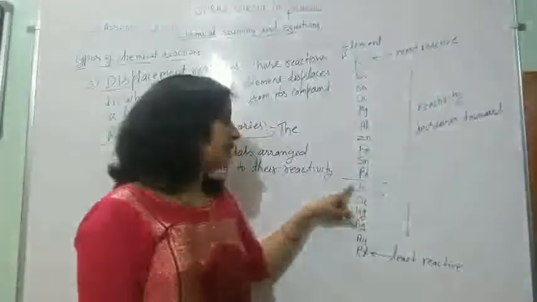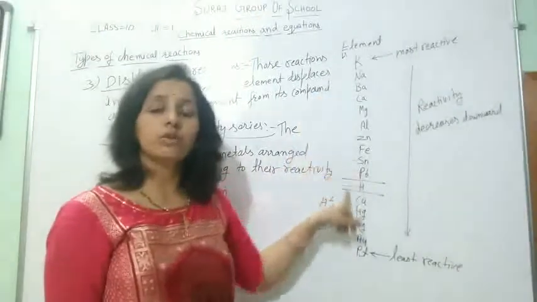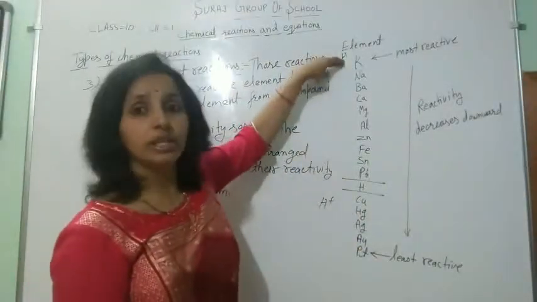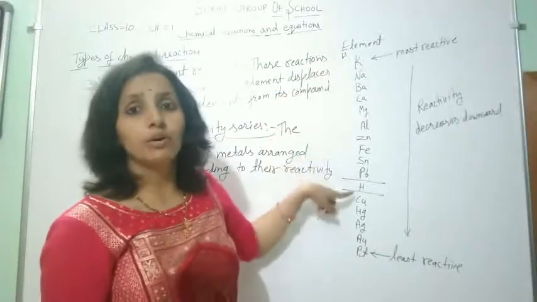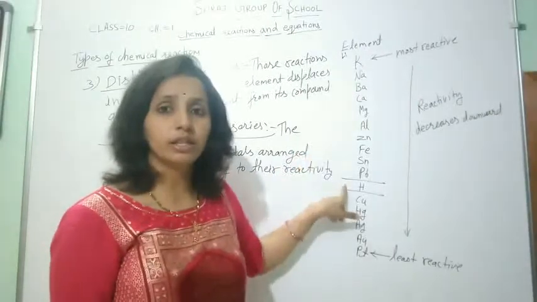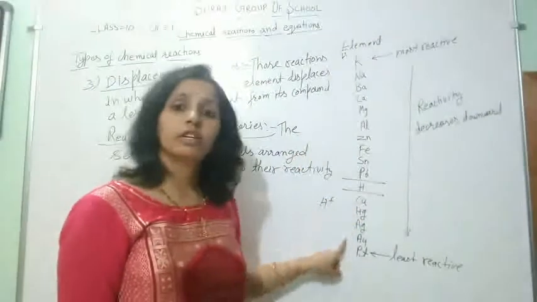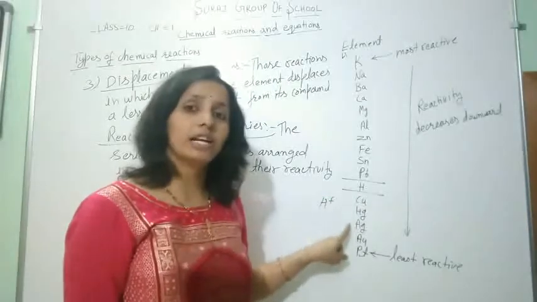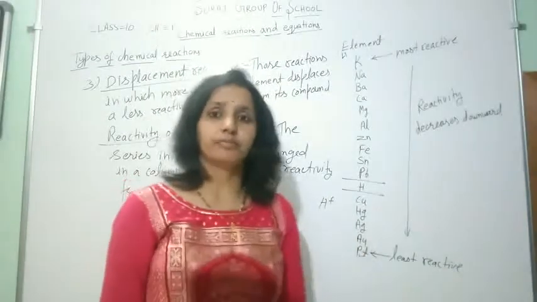That's why we place hydrogen in the reactivity series of metal. The elements above hydrogen in the reactivity series are more reactive than hydrogen, and the elements placed below are less reactive than hydrogen.